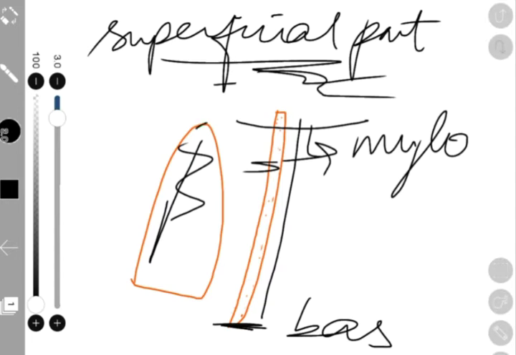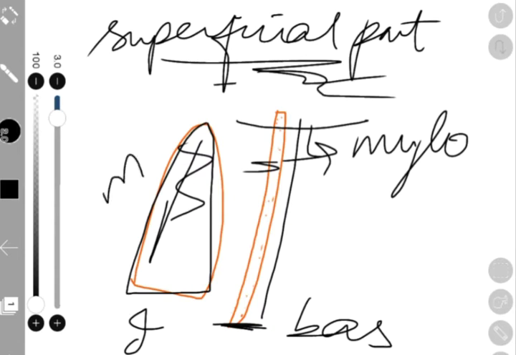The superficial part of the gland has three surfaces: an inferior surface, a medial surface and a lateral surface. The gland extends from the base of the mandible to the mylohyoid line of the mandible.